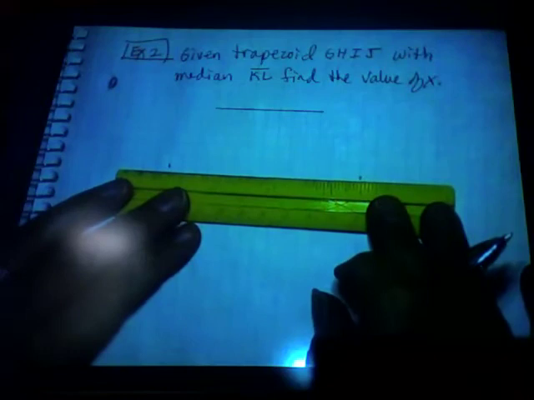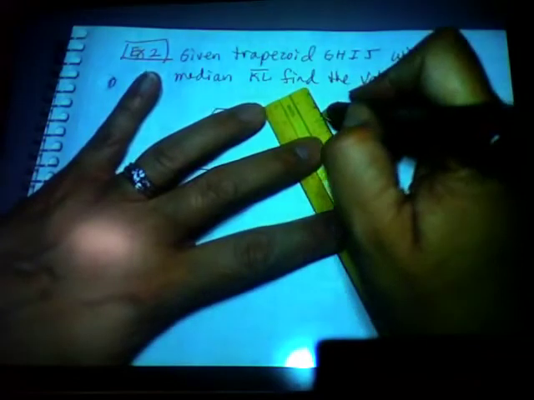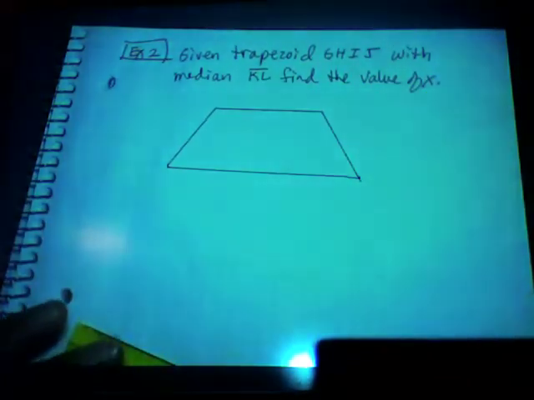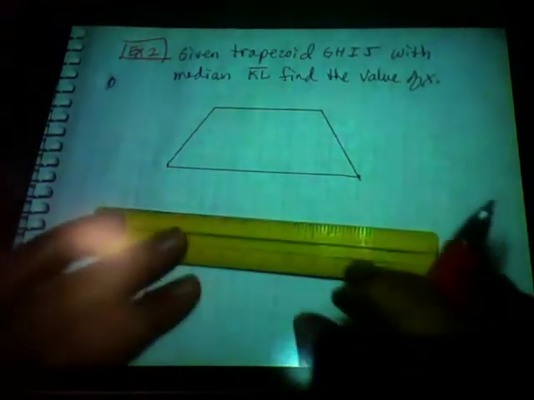Just because they draw a trapezoid that may appear to be isosceles, you can't assume that it's isosceles unless they tell you, or you have a way to find out that the diagonals are congruent or that the legs are congruent. So as I draw this picture, if it appears to look isosceles, you'll just have to not assume that it is, because there's nothing that tells us that. And the median really has nothing to do with that anyway.